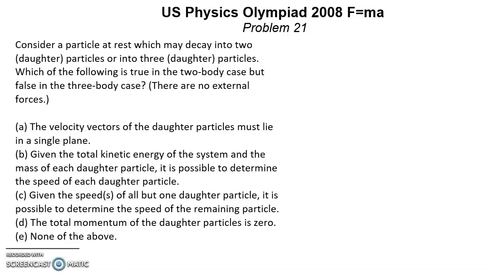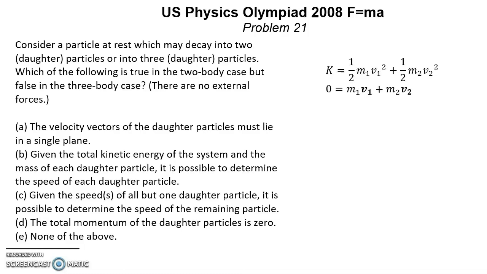B. Given a total kinetic energy of the system and the mass of each daughter particle, it is possible to determine the speed of each daughter particle. Let's see. For two particles, we have these two equations.